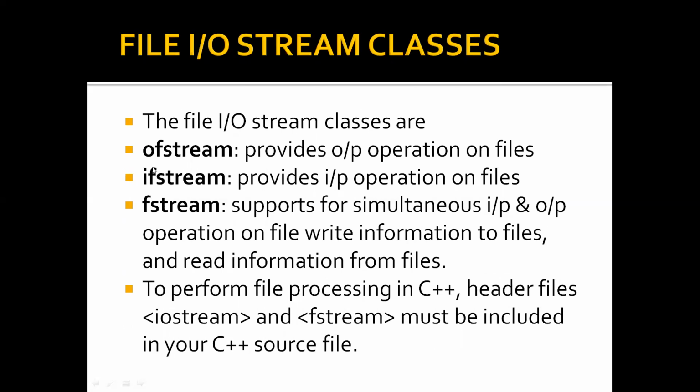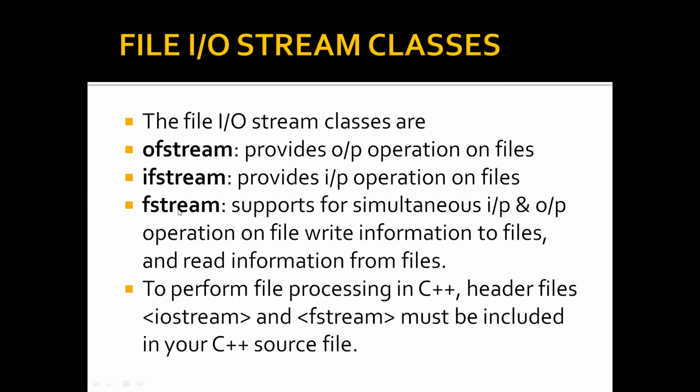There are three types of file IO stream: ofstream, ifstream, fstream. ofstream provides output operations on files, whereas ifstream provides input operations on files. So of is output, if is input.